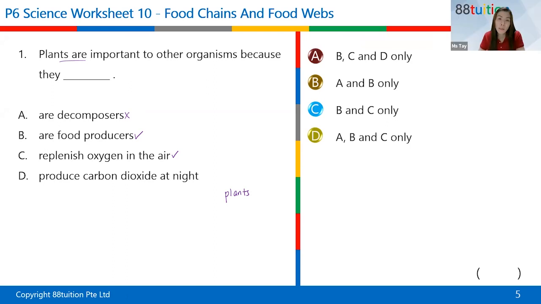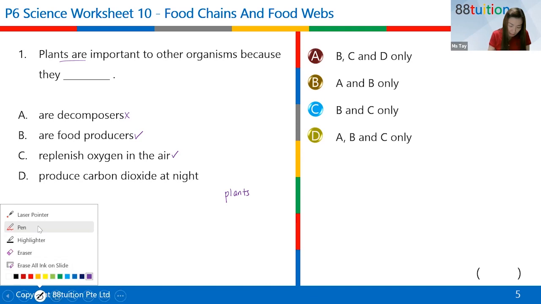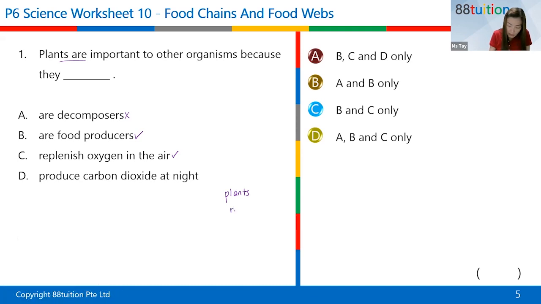Ah, I see. But do you know that plants also need to breathe? Okay, I say breathe in that sense. Plants actually respire, just like any other living things. They breathe throughout the day.